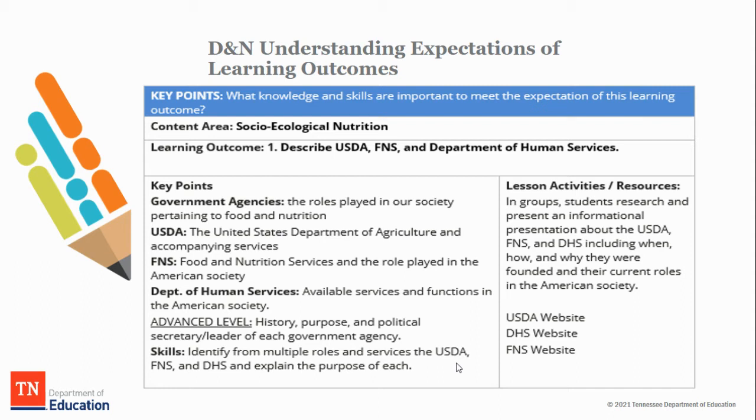So maybe if I were covering this in nutrition across the lifespan, I may have them create an informational graphic for my students in Intro to Human Studies. I would have the resources that they would need, or they could go find those resources on their own. But basically, we need the students to understand what these agencies are, what their role is, and how that is used in nutrition.